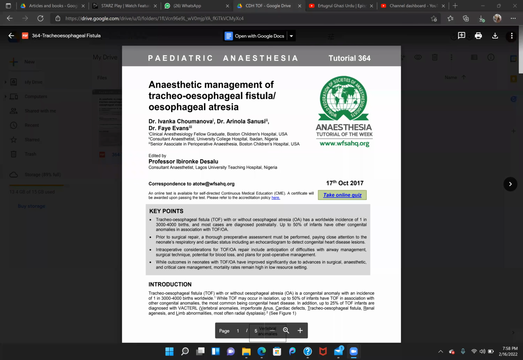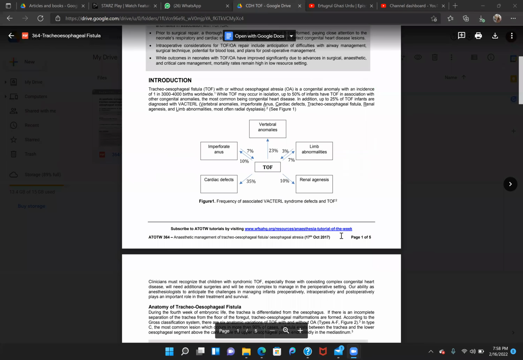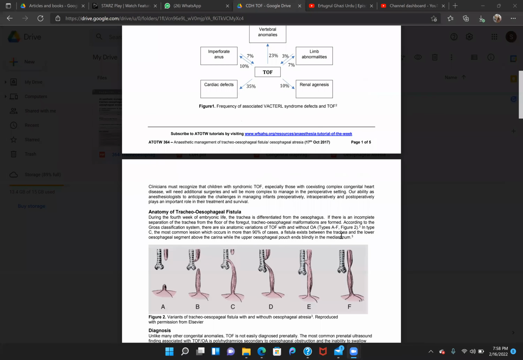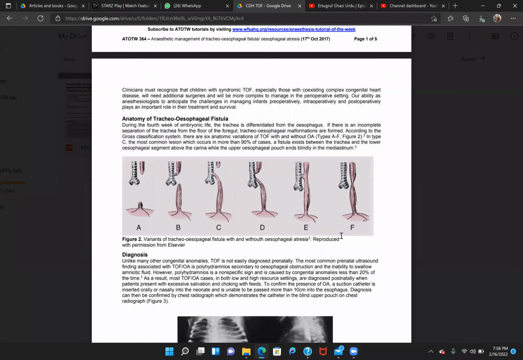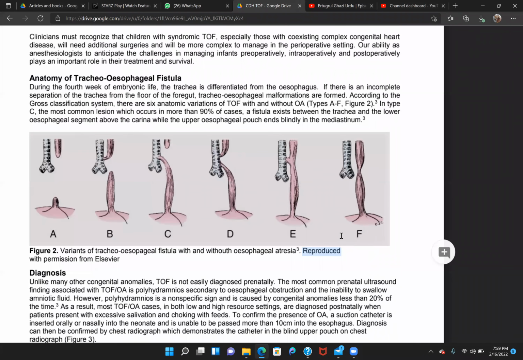There are 5 types of tracheoesophageal fistula, in which most common is type C, in which there is a blind upper esophageal pouch with fistula between the lower segment and trachea.